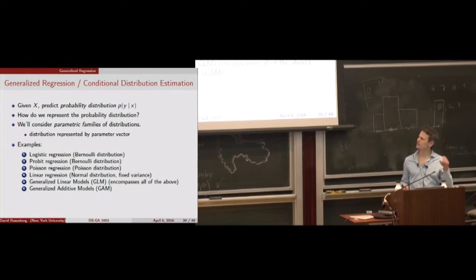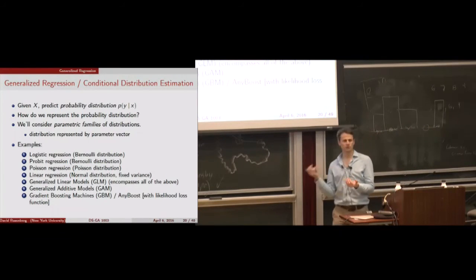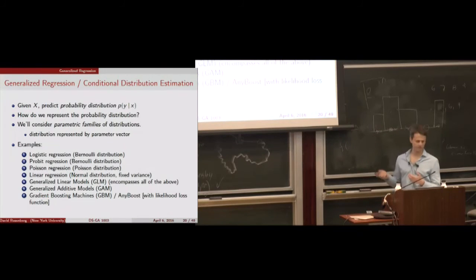Generalized additive models, we won't talk about that in this class, but it's related to boosting. And also gradient boosting machines are agnostic as to your loss function. So if you use a loss function that corresponds to a likelihood, then it's also an instance of this.